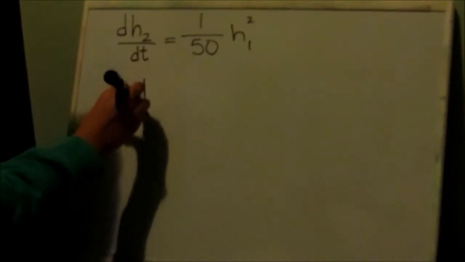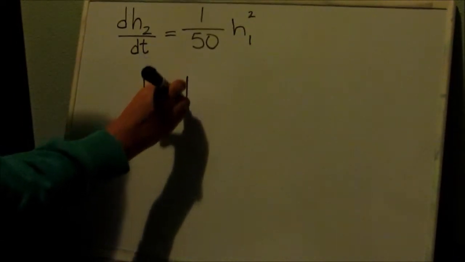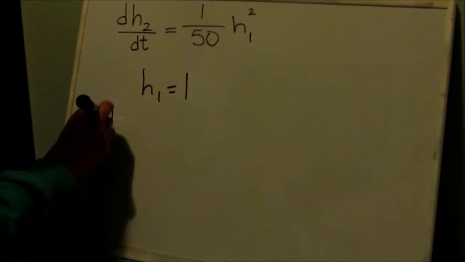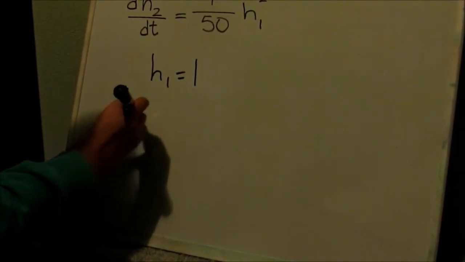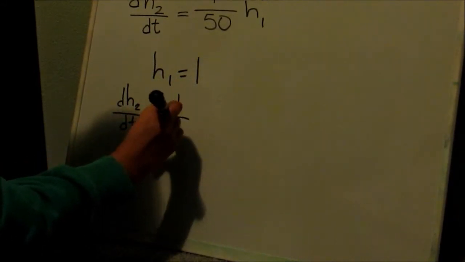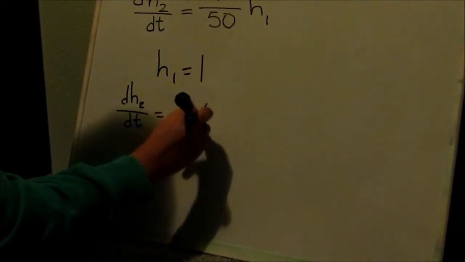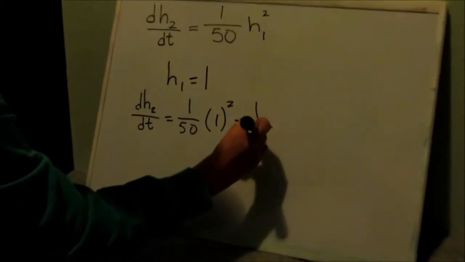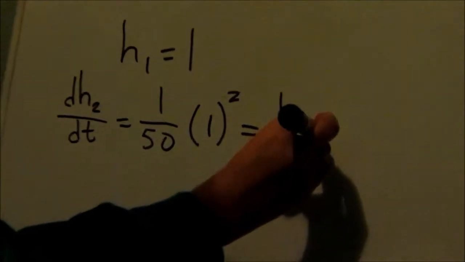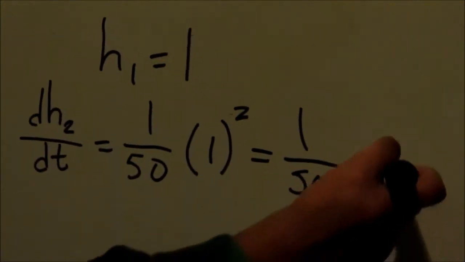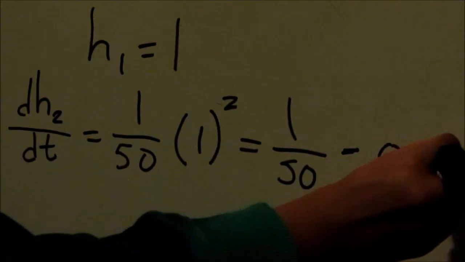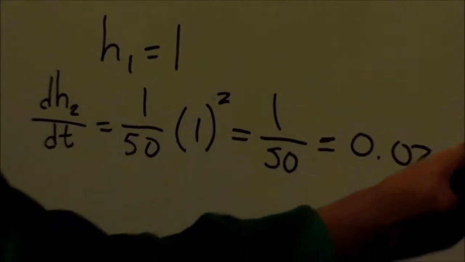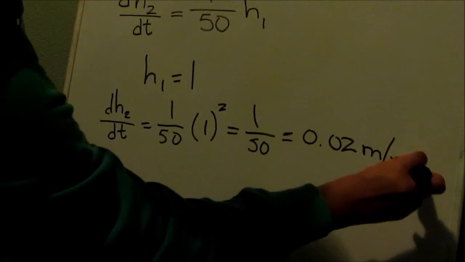For when the conical tank's water level is 1 meter, H sub 1 equals 1. The derivative of H sub 2 with respect to t equals 1 over 50 times 1 squared equals 1 over 50, which equals 0.02 meters per minute.